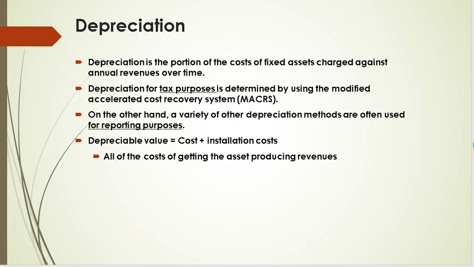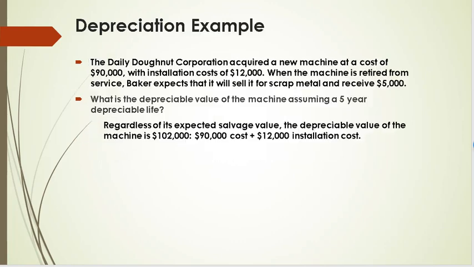So there are a variety of depreciation methods that are used depending on the purpose of the information. The value of an asset, the thing that we get to depreciate, is referred to as its depreciable value or its basis. It's the cost of the asset plus any installation costs. And so this is all the costs of getting this asset producing revenues for the company.